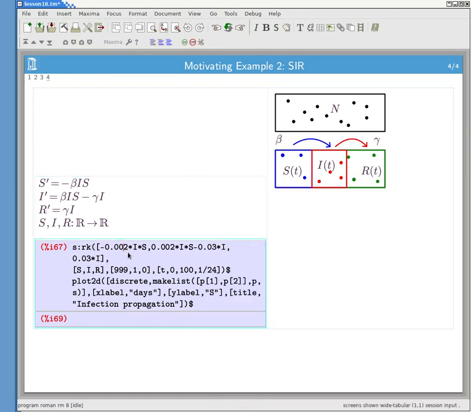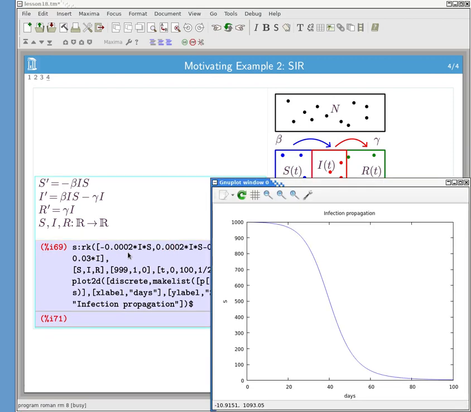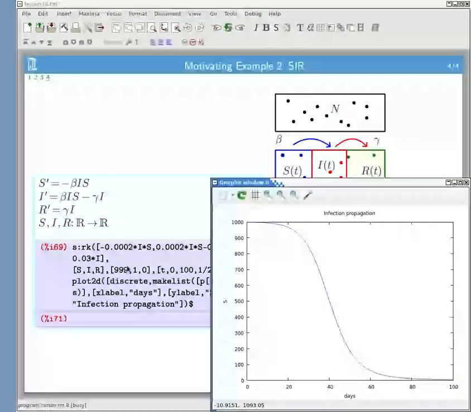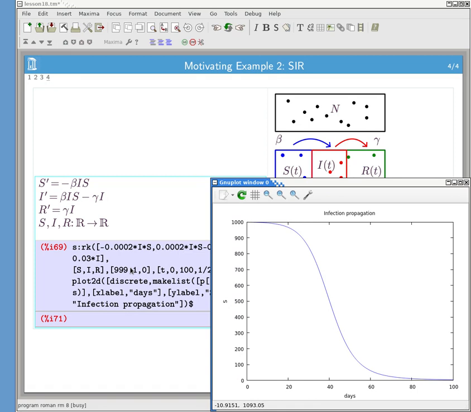Going back, if we decrease the efficacy of infection again by a factor of 10, we get another prediction. This time the number of susceptible individuals again goes down to 0. Everybody gets the infection eventually, but over a much longer time period. This is essentially what is referred to as flattening the curve. Instead of everybody becoming infected very quickly and thereby overwhelming the capabilities of the health system, infections occur spread out over a larger period of time.